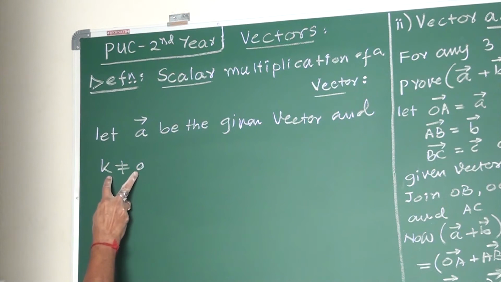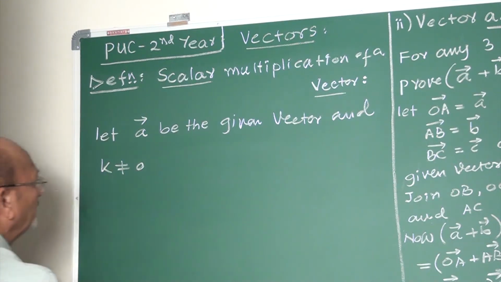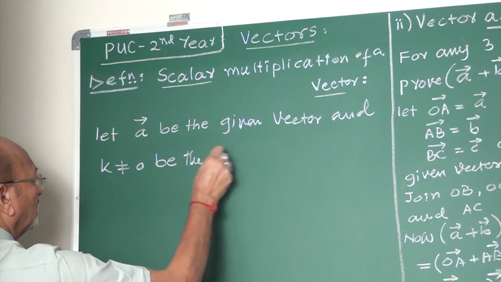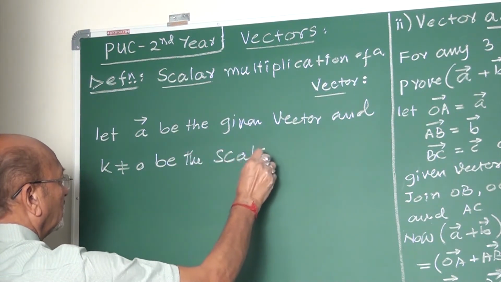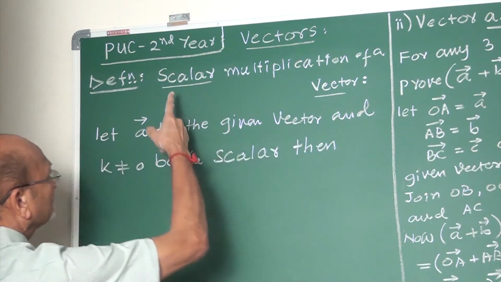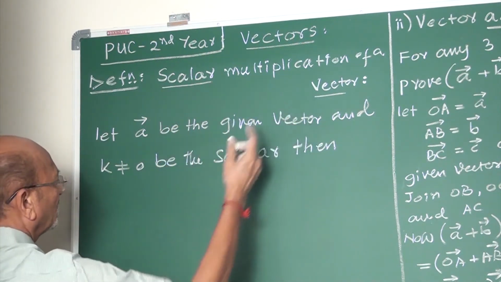When k is not equal to 0, it means k may be positive or k may be negative. k is the scalar. Then, my friends, scalar multiplication of a vector.